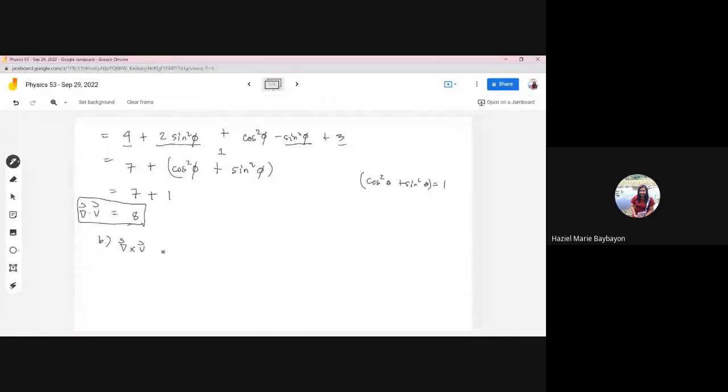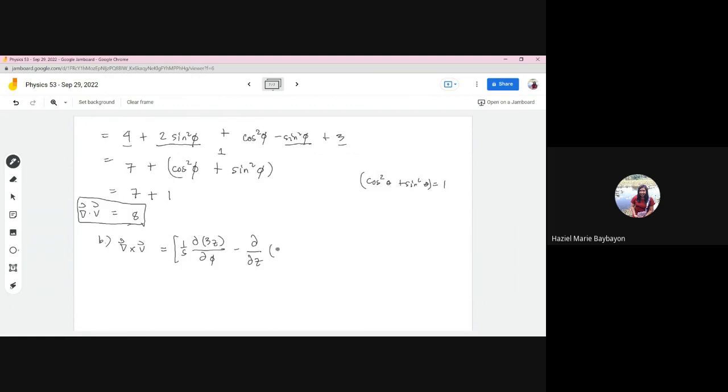Okay, for the curl, so you have the curl of V is equal to, sige, ito itong term class, 1 over S, partial derivative of VZ. So VZ is 3Z over V. So partial derivative of the Z component with respect to phi minus the partial derivative with respect to S of the phi component rather.